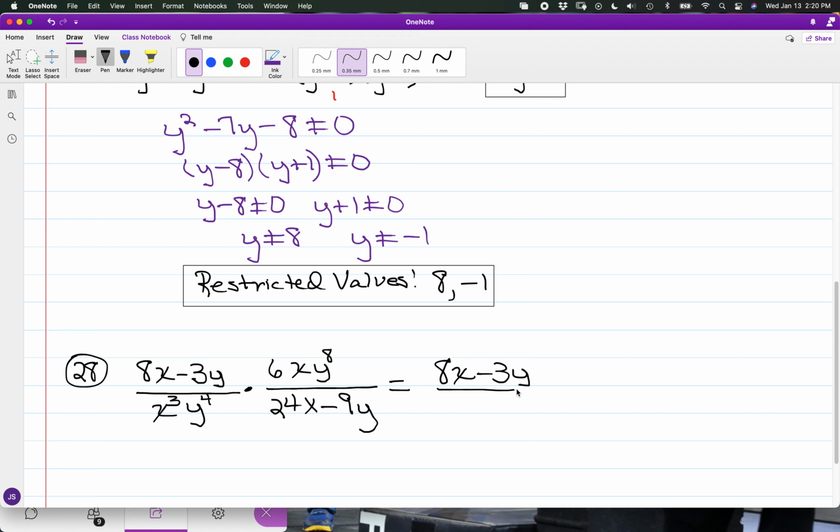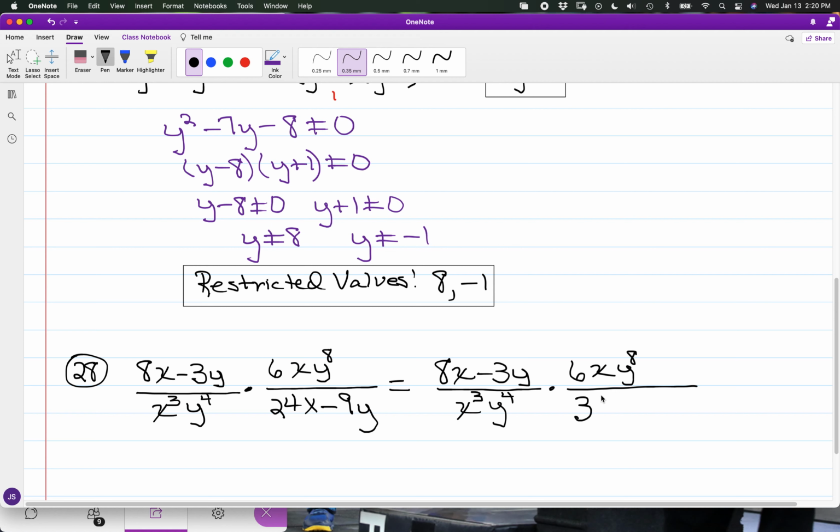So we have 8x minus 3y over x cubed y to the fourth once again, and you have times 6x y to the eighth. And again, for 24x minus 9y, we can just go ahead and factor out 3, and we have times the quantity of 8x minus 3y.